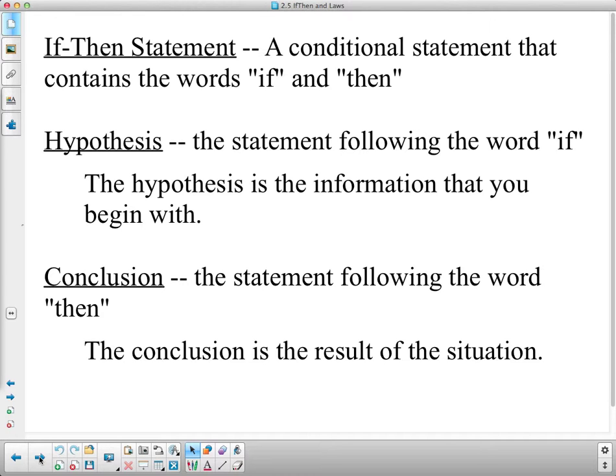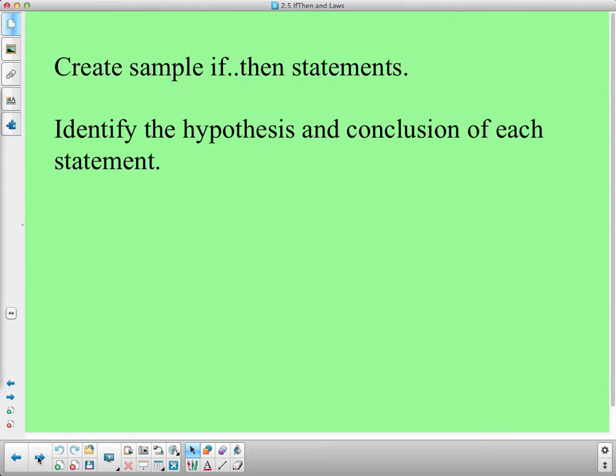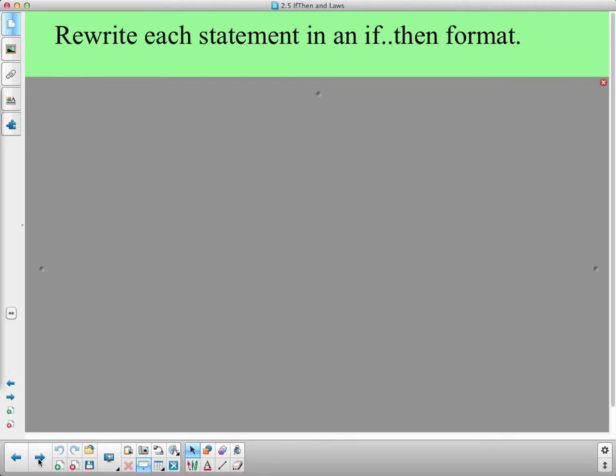The cow dies. And technically not the word if, but the cow dies, just that statement. And then the conclusion, call the dead wagon. So we're creating a few if-thens, and we're picking out the hypothesis and conclusion.